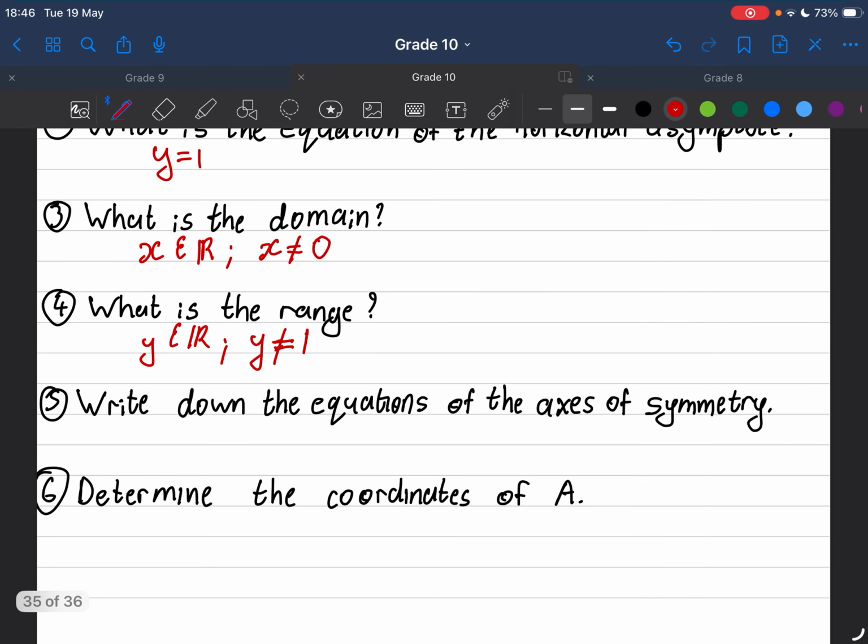Write down the equations of the axes of symmetry. AXES is the plural of axis, so there are multiple axes of symmetry. If you remember, there are two equations: y is equal to x plus q and y is equal to negative x plus q.